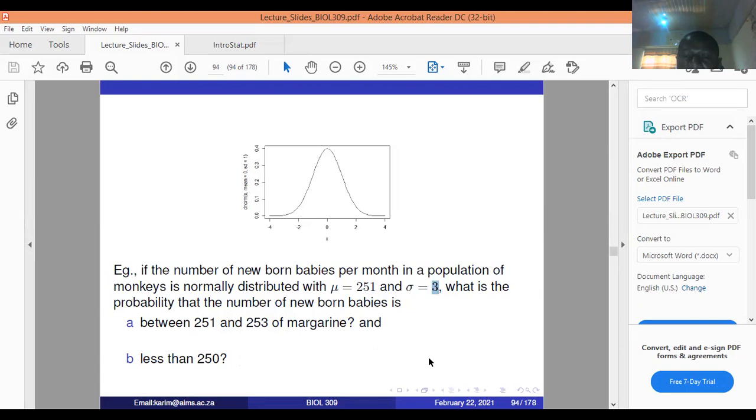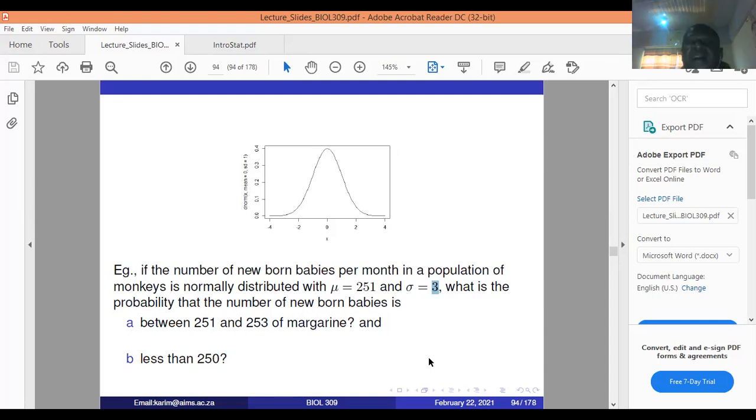Minus 1. Divided by 3, what is that? Minus 0.33. So minus 0.33.